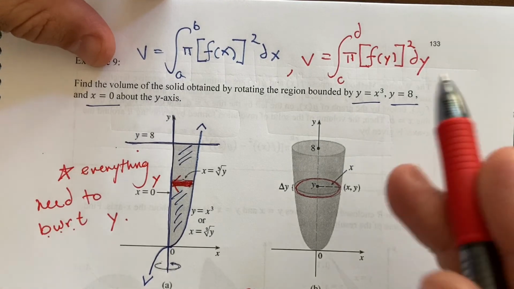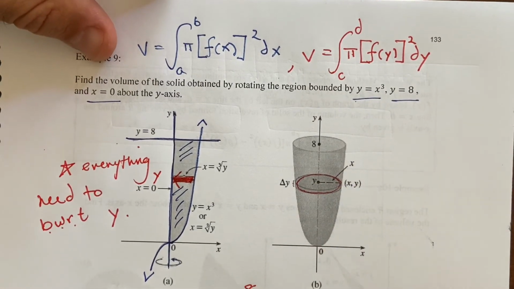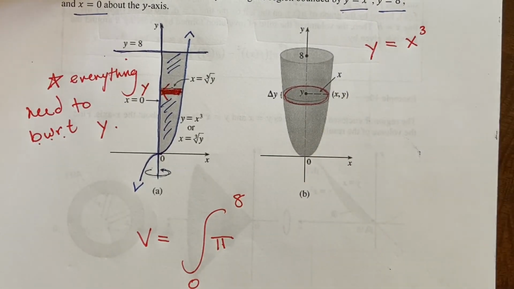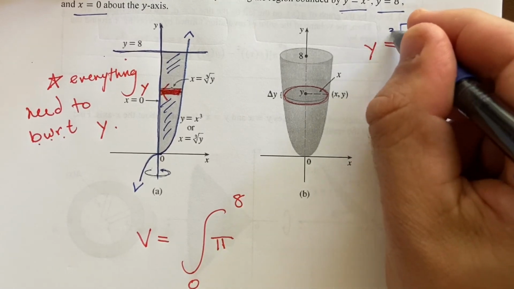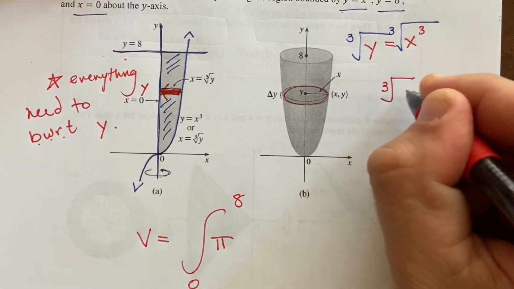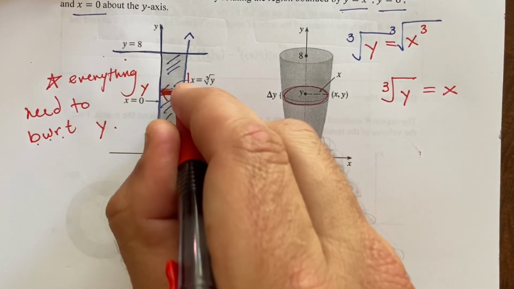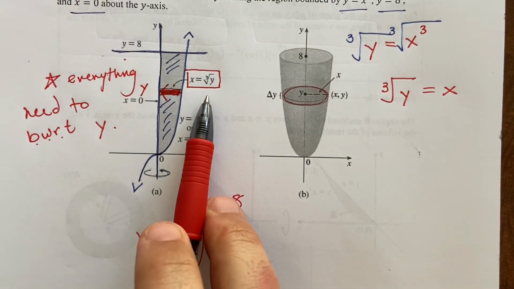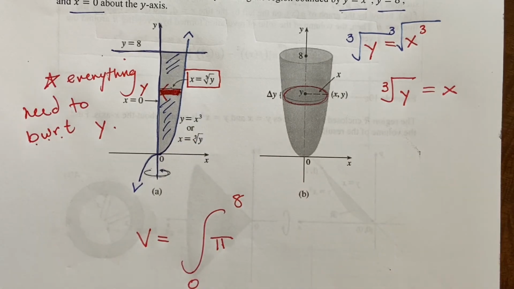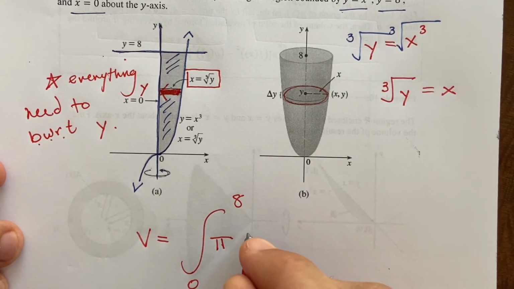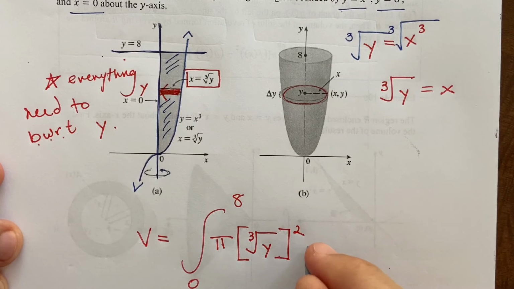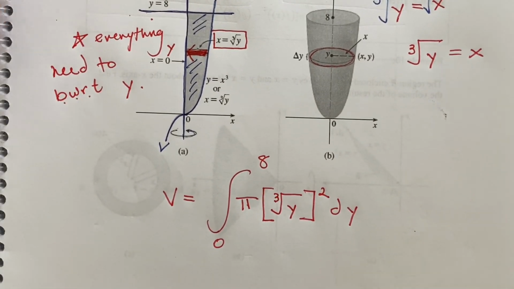We were given y equals x cubed, but we need to solve for x, so take the cube root of both sides. That's what's been done already. So we have the cube root of y equals x, and that's why we see that right here. That is the function we're integrating across. So it will be the cube root of y, squared, dy.